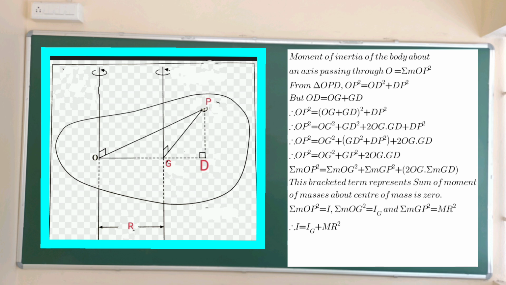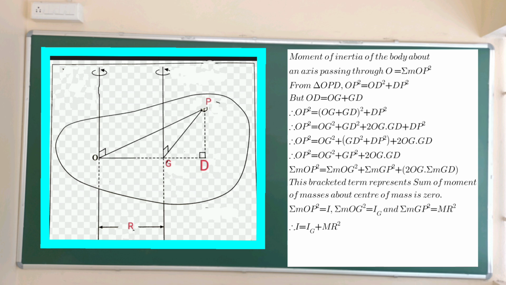On applying the sigma, you can find out the moment of inertia of the lamina about an axis passing through O, that is I. The bracket term indicates the sum of moments about the center of mass, which is equal to 0. Therefore, sigma m OP square is equal to I, sigma m OG square is equal to Ig, and sigma m GP square is equal to M r square.